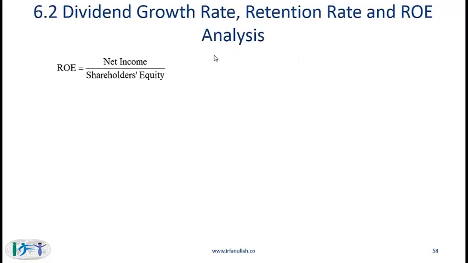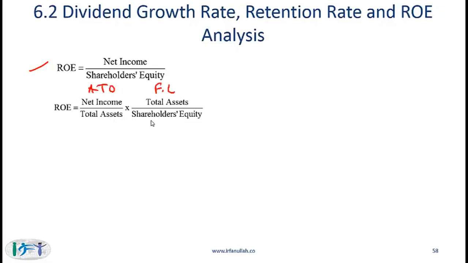So as promised, we are going to go through the DuPont relationship. You remember this, ROE is essentially net income over shareholders' equity. And then this is the first level decomposition, where we say that net income over shareholders' equity can also be written as net income over total assets.